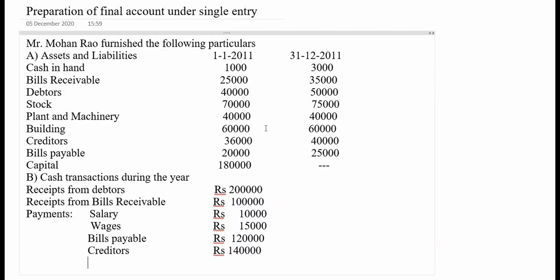Then general expenses rupees 8,000. Drawings rupees 5,000.